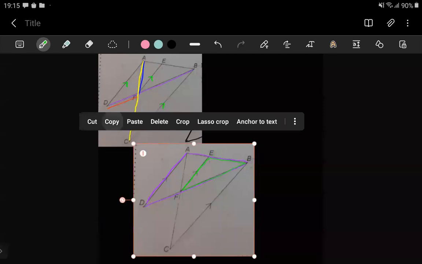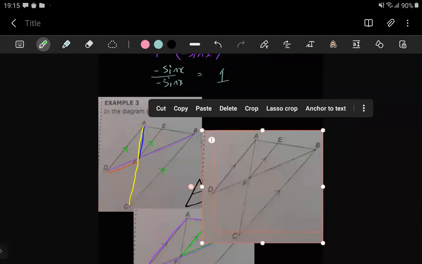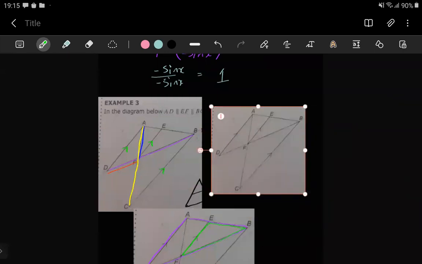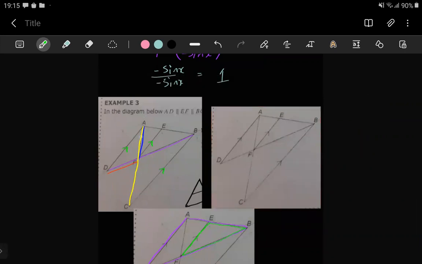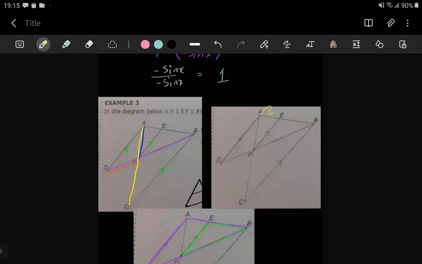With this image in mind, let's think of another variation based on the lines that they gave us. Looking at the lines they gave us, we could also be thinking, okay, they spoke of AC. So them talking of AC, we have the long line AC over there. And the only triangle that accommodates this big line here is the triangle ACB.